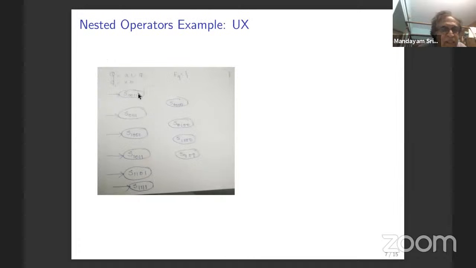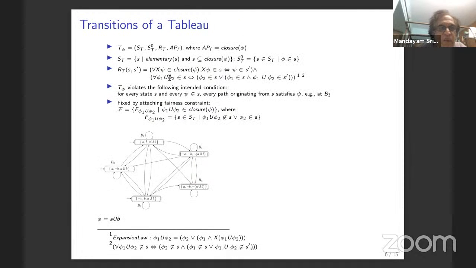In this case, you have subformulas in the states rooted at U as well as X, so you will have to define the transitions so that both these laws are preserved.